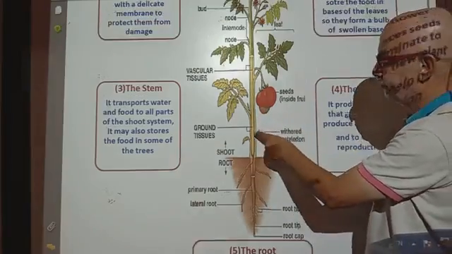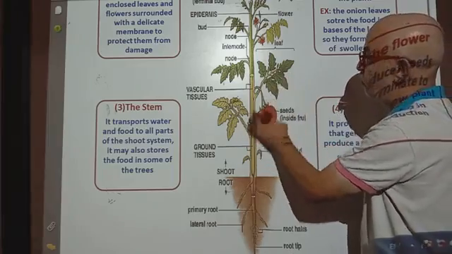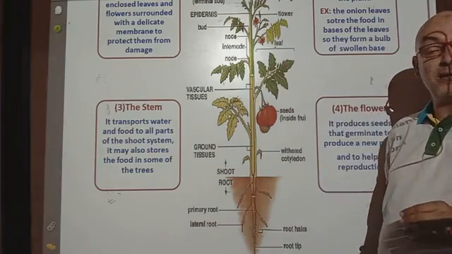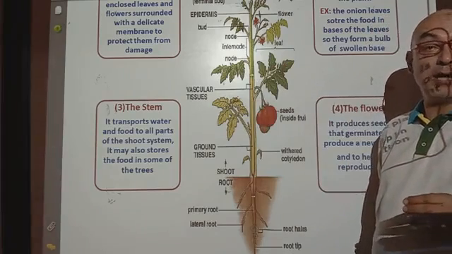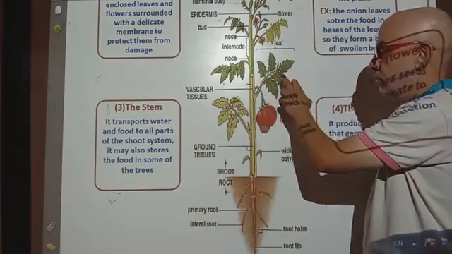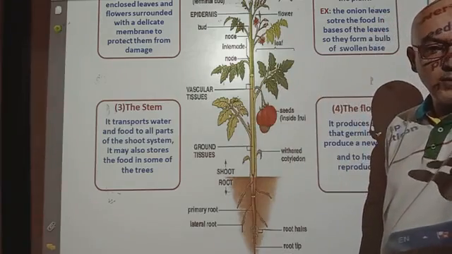Number 2, the stem carries on its body leaves, fruit, flowers, buds, and terminal bud. The function of the stem is to transfer water and minerals to all the parts of the shoot system. The leaves, the place of photosynthesis process.